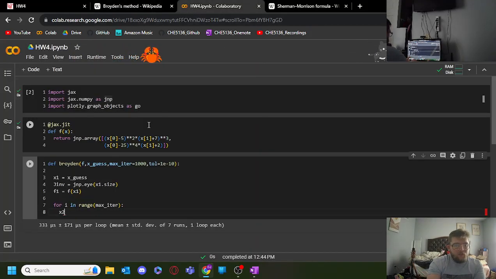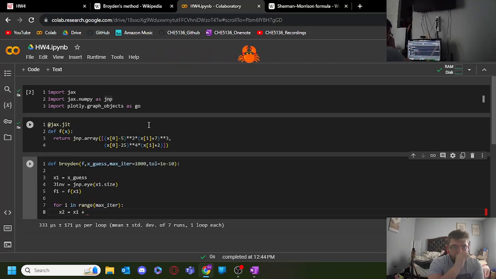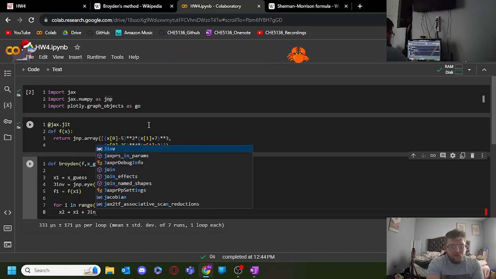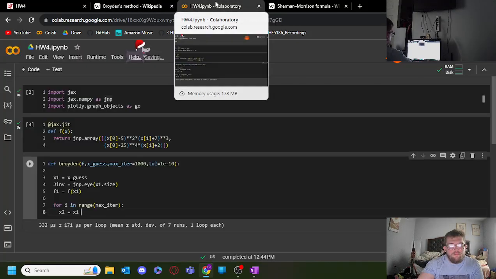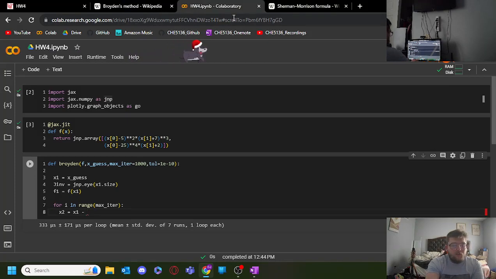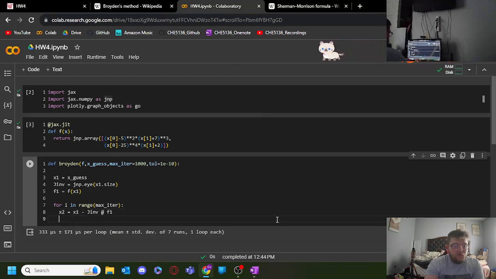So our x2 equal to our x1 plus our J inverse, or is it plus or minus? It's minus our J inverse multiplied by our f1. So that'll give us our x2.